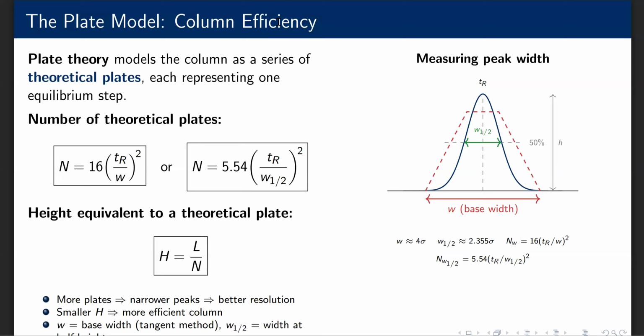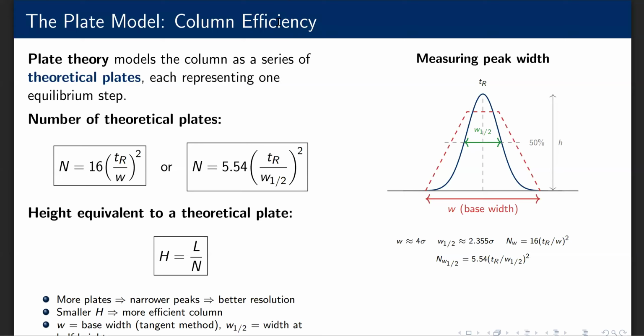It shows both methods for measuring peak width on the same Gaussian peak. The red dashed lines are tangent lines drawn at the inflection points of the peak, where they intersect the baseline, defines the base width W, which spans approximately 4 sigma. The green bracket shows the width at half height, W1/2, which spans approximately 2.355 sigma.